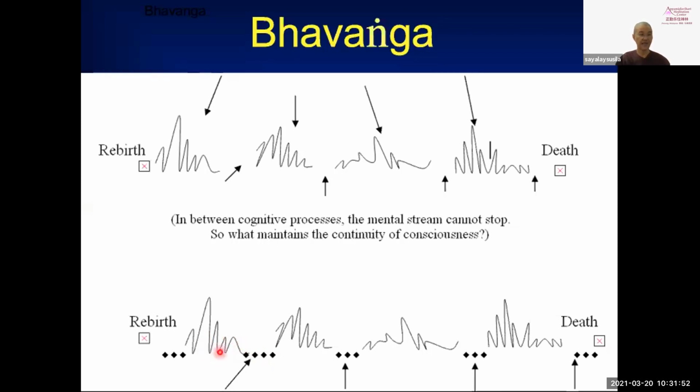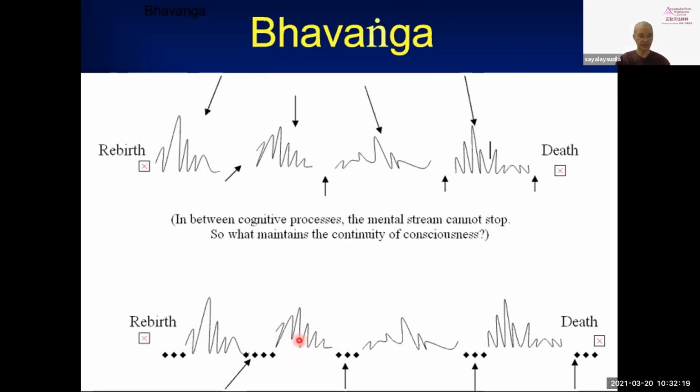The cognitive process is the active phase of consciousness. Bhavanga consciousness is resultant consciousness, resultant consciousness that cannot be changed already. Therefore, it's very passive. But the cognitive process is associated with wholesome and unwholesome consciousness that can be changed.